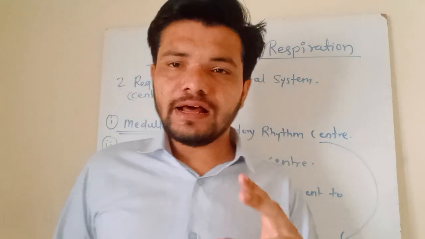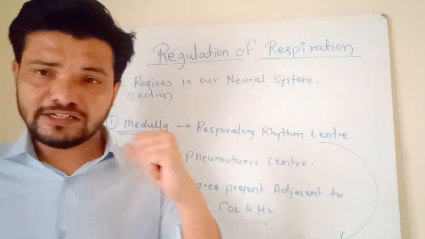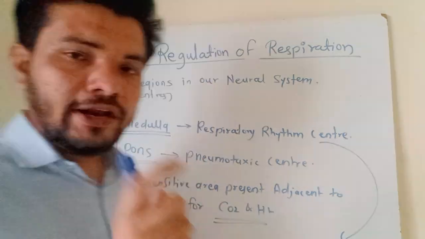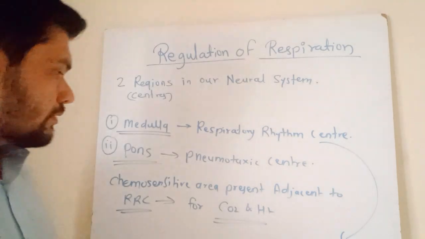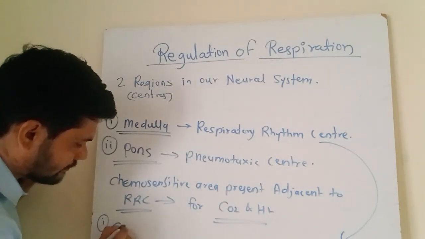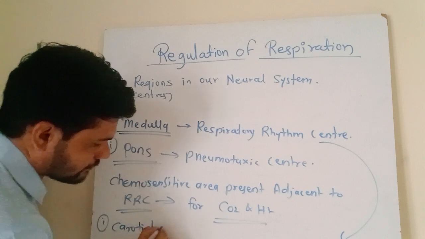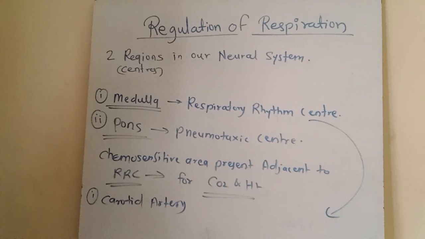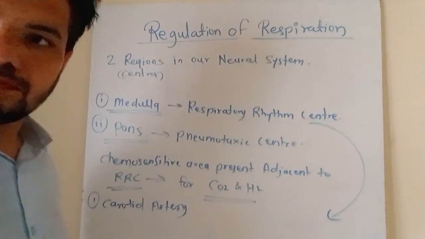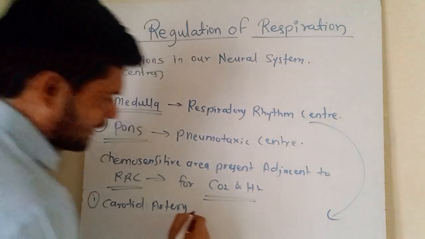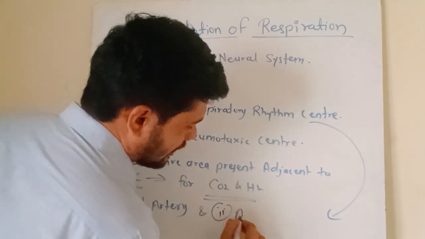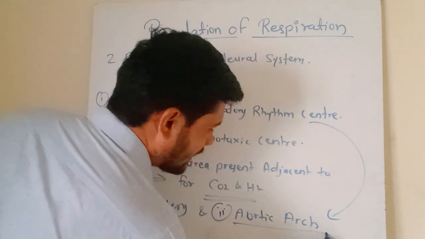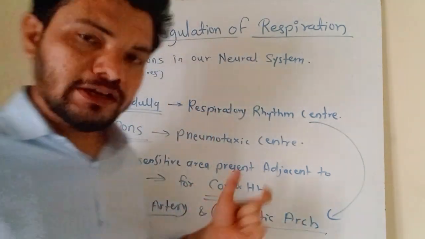Then there are two more areas which are responsible for regulating your respiration. The first is the carotid artery, and the second is the aortic arch. On these two there are chemosensitive receptors.